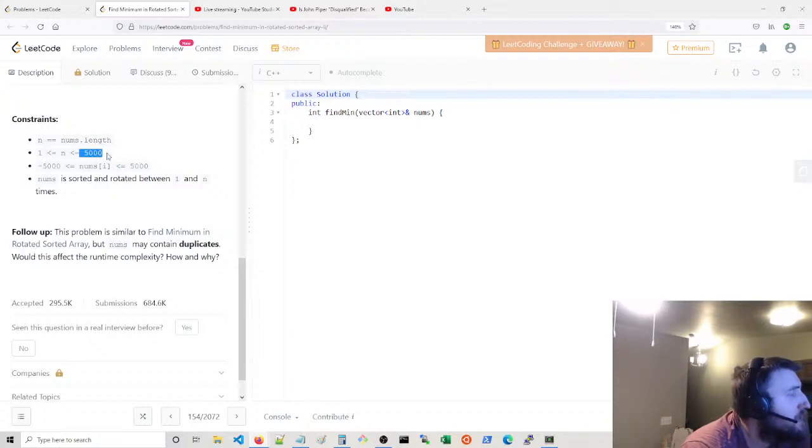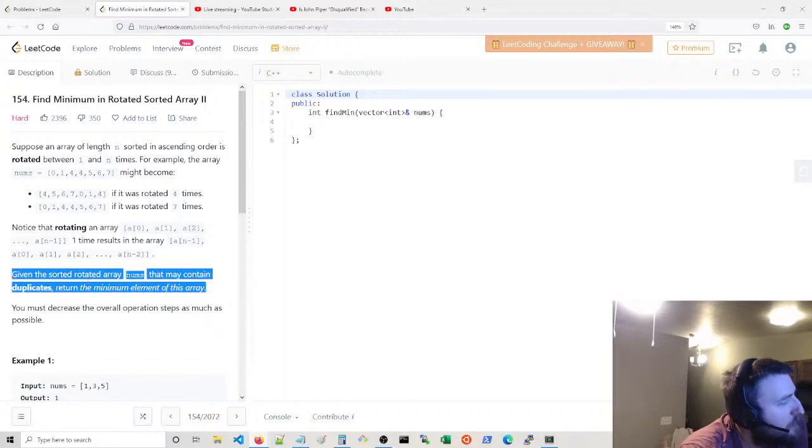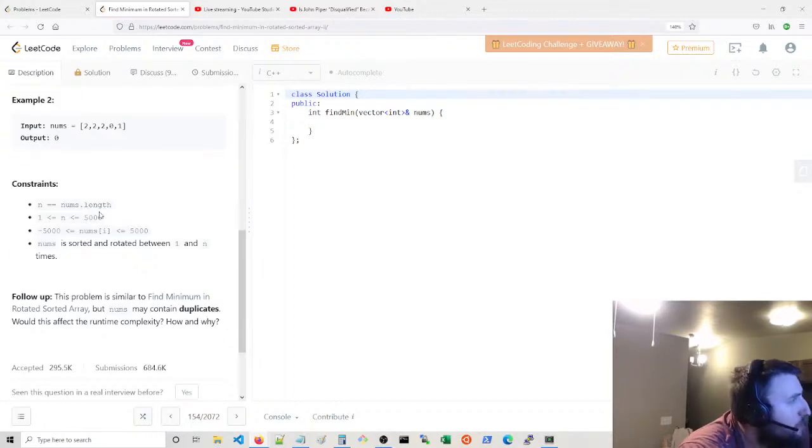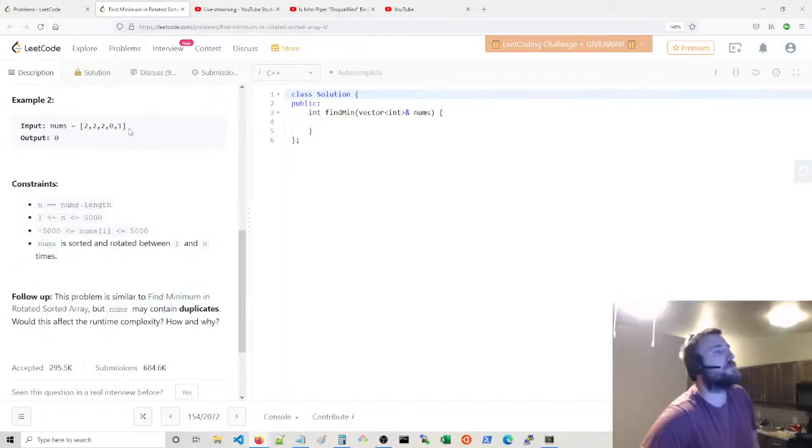Since n is only 50,000, you can do this in linear time. The minimum element of this array. So you can do this in linear time to get the minimum element with only 50,000. But with duplicates, I don't actually know.